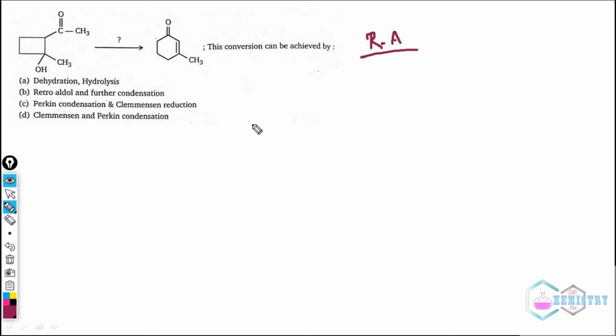Now what is a retroaldol condensation? During any aldol reaction, this type of product is formed: OH, CH2, C double bond O. This is an aldol compound, and this is what a retroaldol is. The retroaldol means going back to their constituent carbonyls.